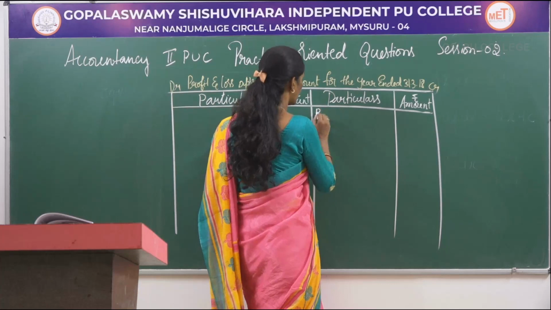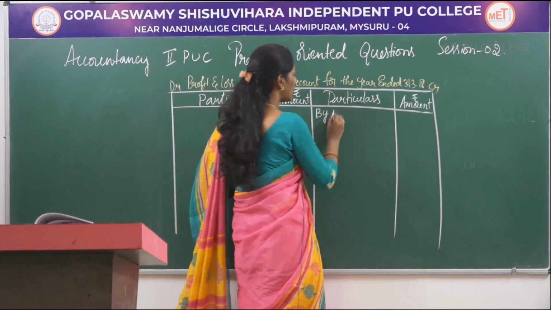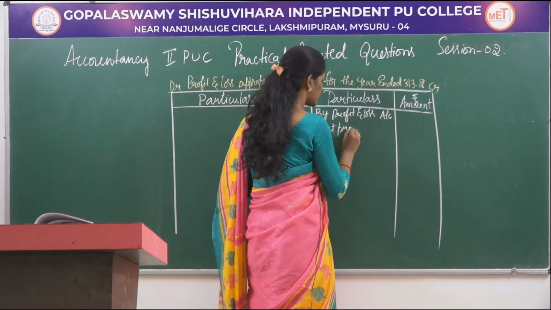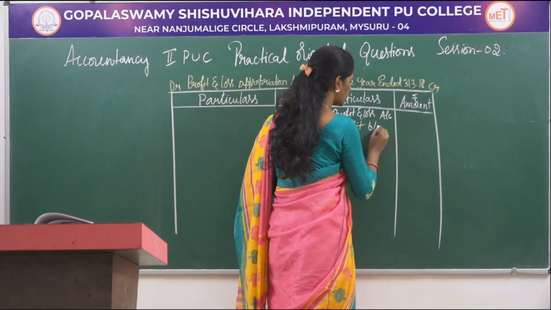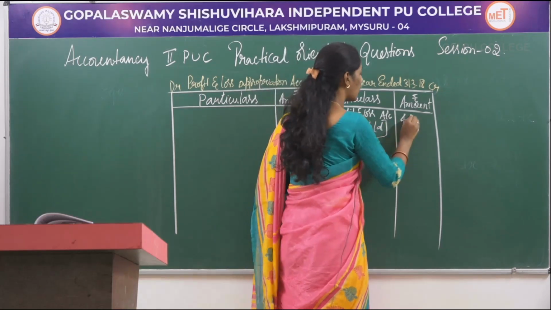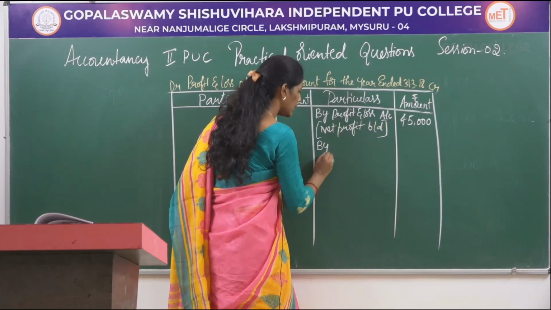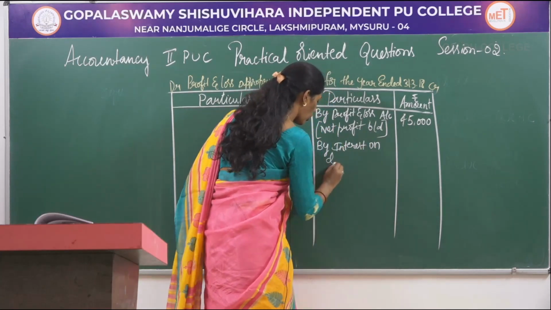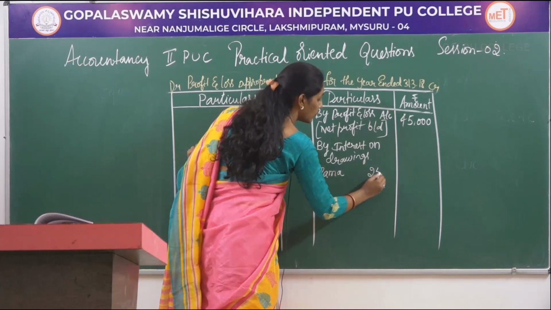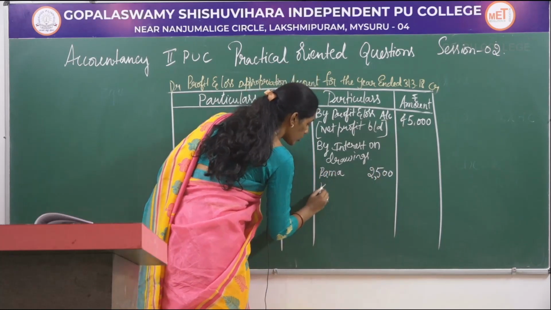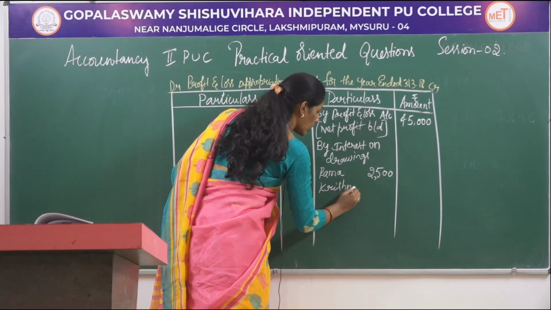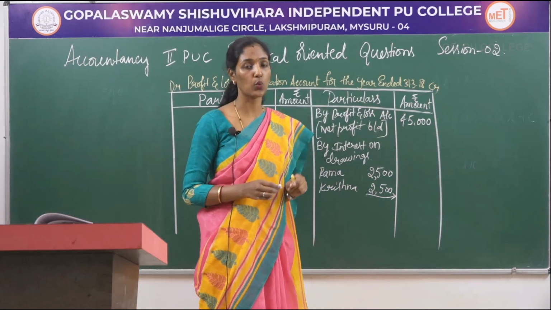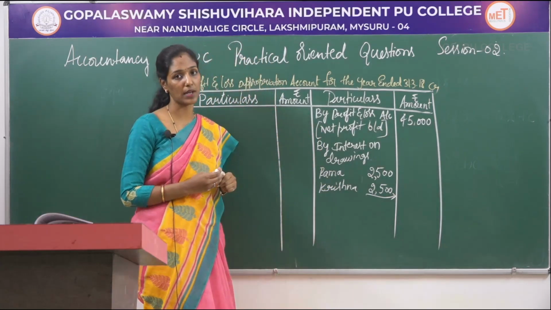On the credit side, first you should write by profit and loss account, net profit brought down rupees 45,000, by interest on drawings Rama 2,500, Krishna 2,500. You can write any figure according to your wish while preparing the profit and loss appropriation account.